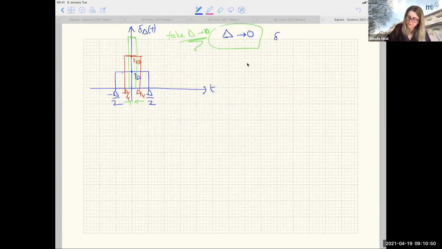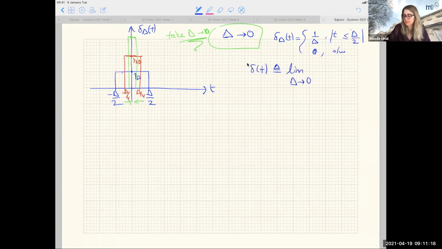So in the end, you see what we have, right? By the way, delta sub delta of t was defined for t less than or equal to delta over 2, and 0 otherwise. Now this delta of t is defined, this is a definition, as the limit as delta goes to 0 of delta sub delta of t.